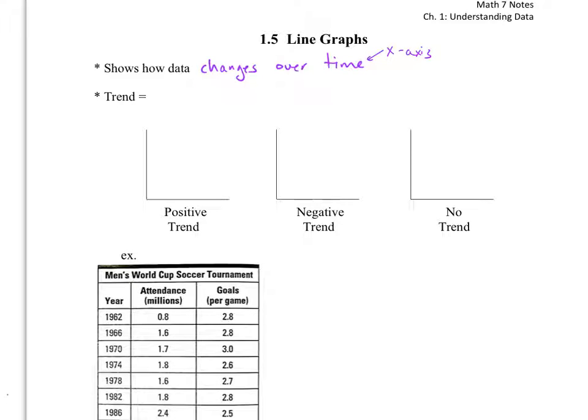So then we have this thing called a trend, where data trends to do something, or you could use the word tend, but trend is the word we use for this. It's a clear direction in a graph.